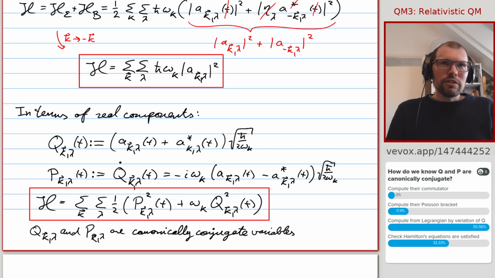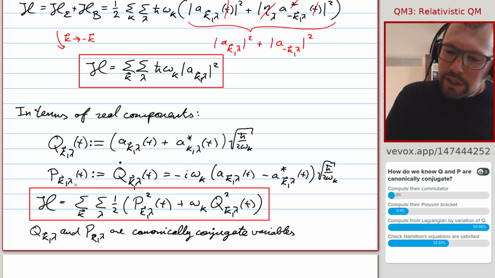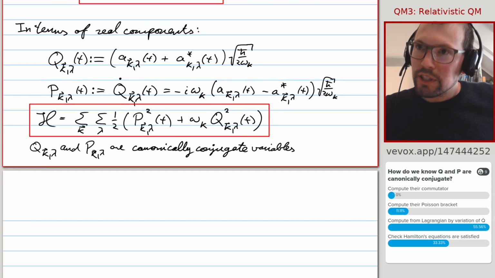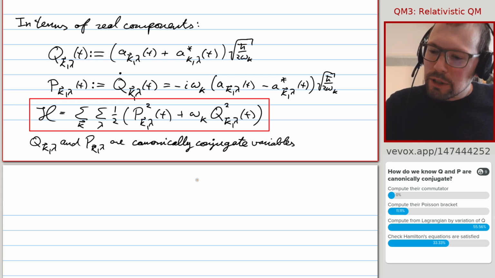So given what we know here, the simplest thing to do is just to check that Hamilton's equations of Hamiltonian mechanics are satisfied. Because if they are satisfied, then you actually know that momentum is the canonical conjugate of the position. So what are the Hamilton equations again?